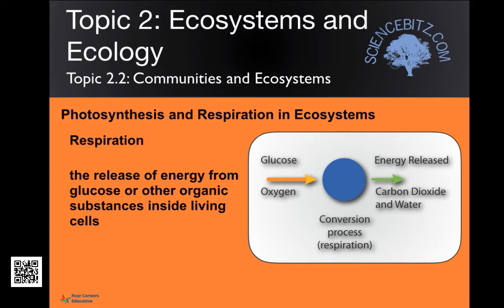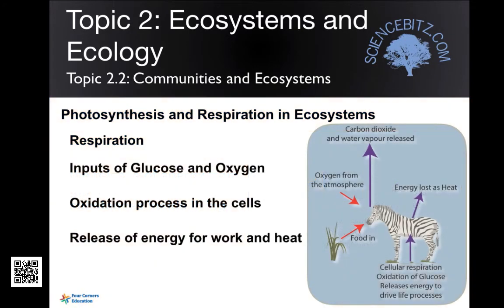Again, flipping this a little bit, we're just looking at the same thing in various ways. Our inputs are glucose and oxygen. In the oxidization process in the cells, the glucose is oxidized in the cell. This releases energy for work and some heat.